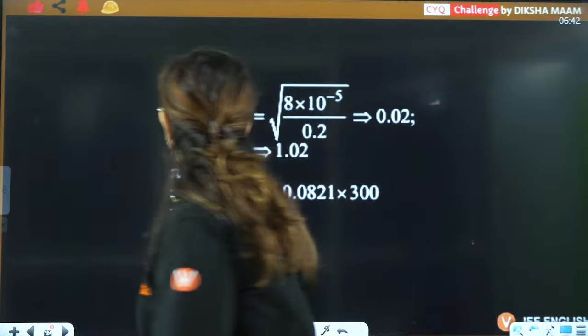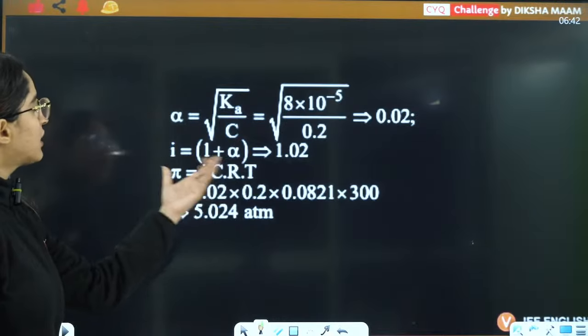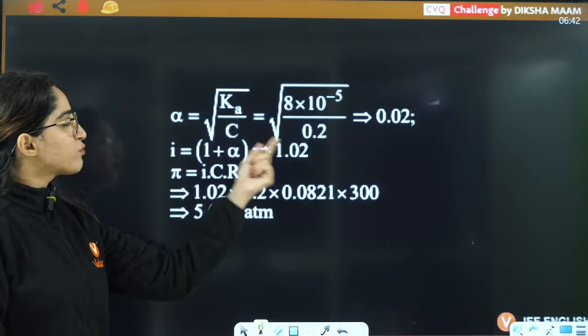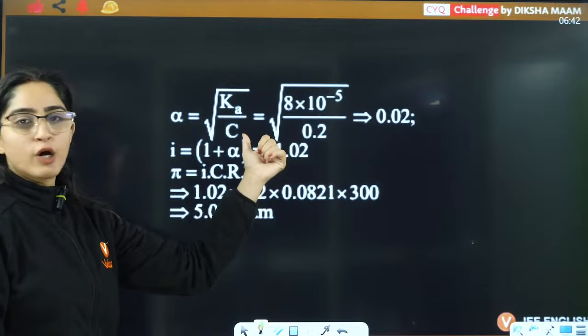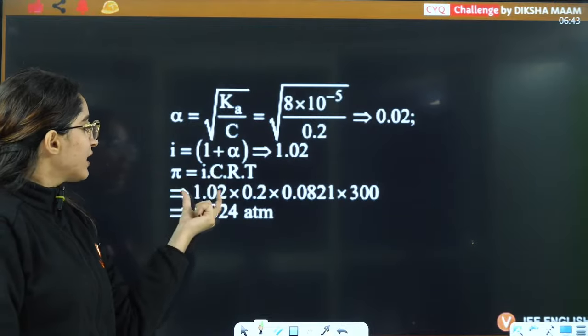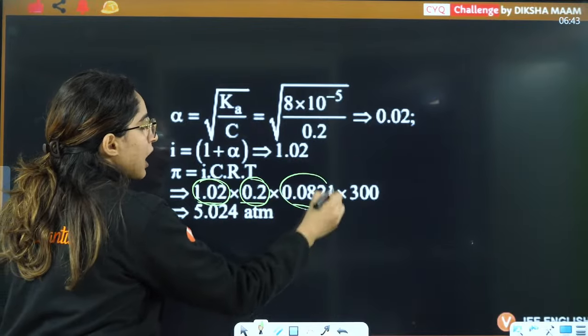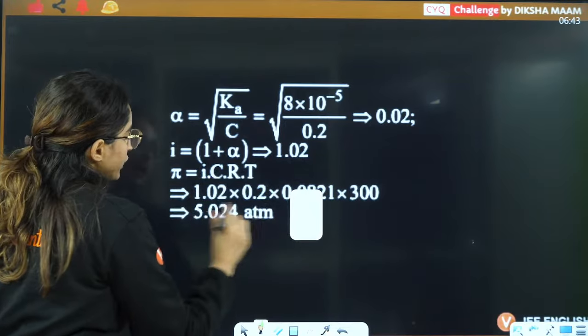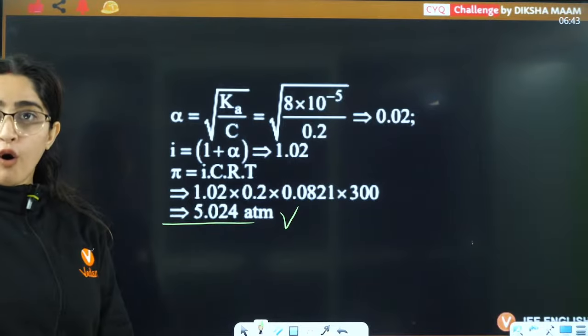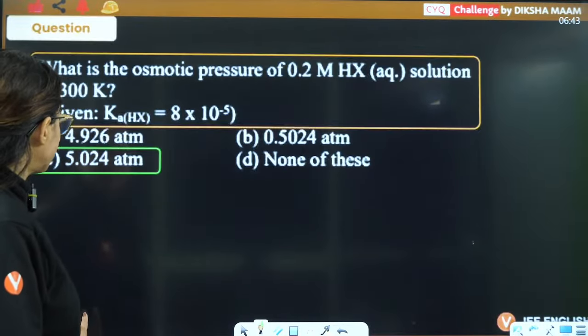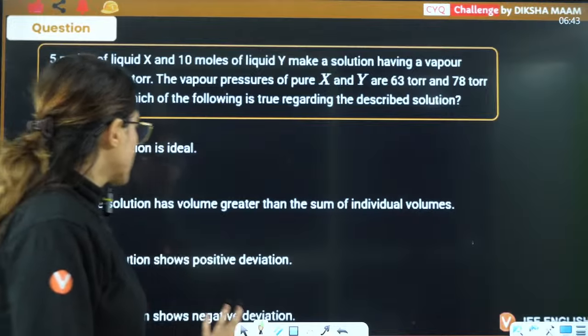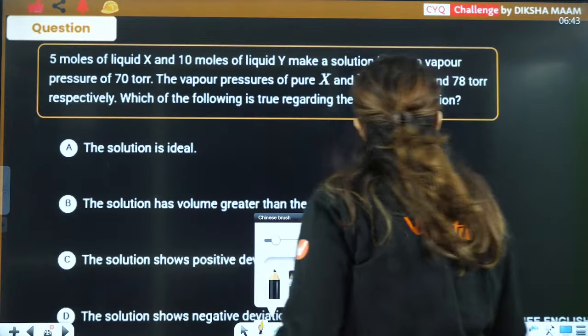So put all the values here, calculate this. i is going to be 1.02 because alpha is coming out to be 0.02. Put the value of concentration, i, R, and temperature, and you will get your answer for Van't Hoff factor. Right, everybody? Do let me know if that is clear.